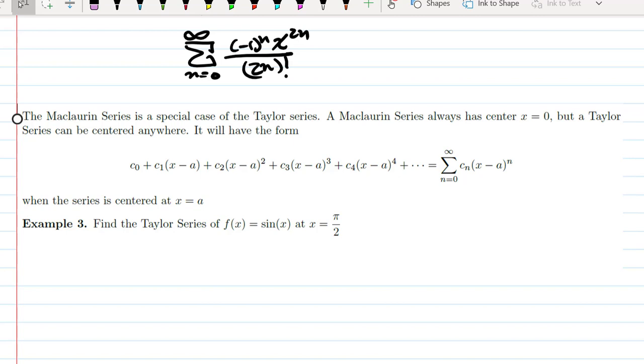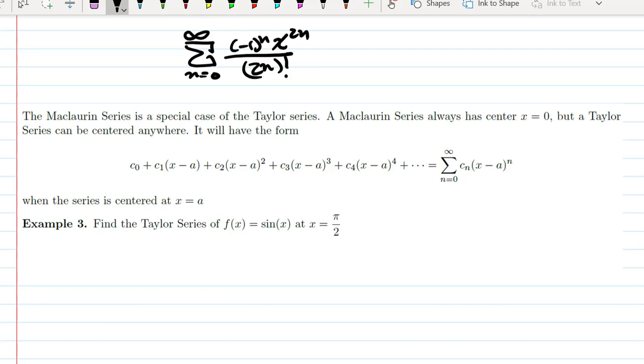We would do exactly that by using function composition and shifting it to have center a. If you'll notice, this looks exactly like the Maclaurin series, but with x replaced by x minus a, so that shifts the series from x equals 0 to center x equals a.